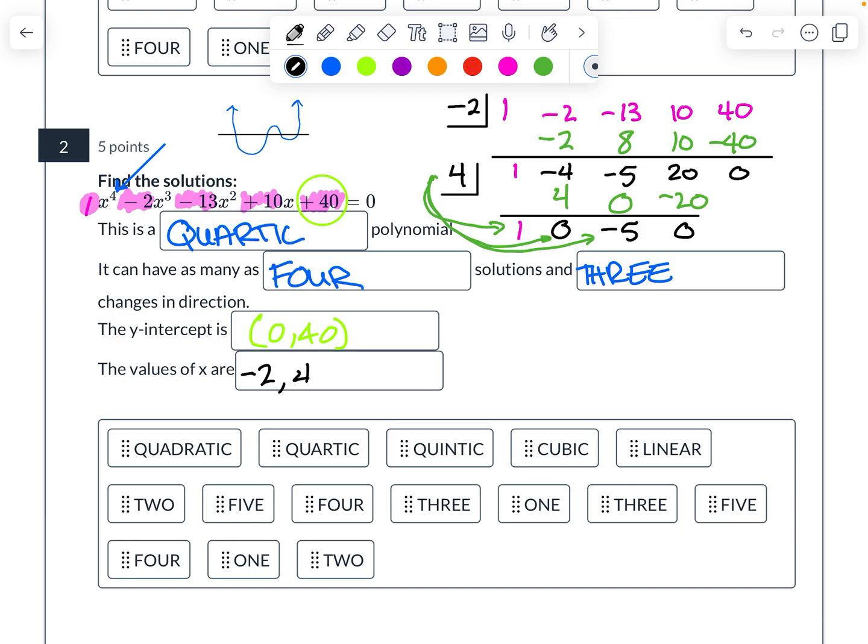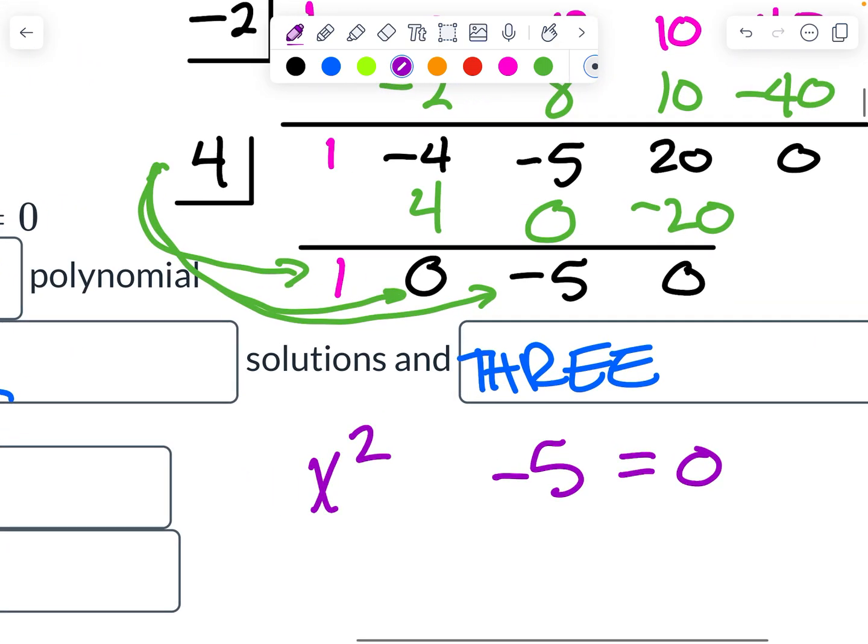But here's what I'm left with. I'm left with x to the 2nd minus 5 equals 0. You're like, what? Okay, so these numbers I was left with, this is x to the 2nd plus 0x minus 5 equals 0. That's what I'm left with.